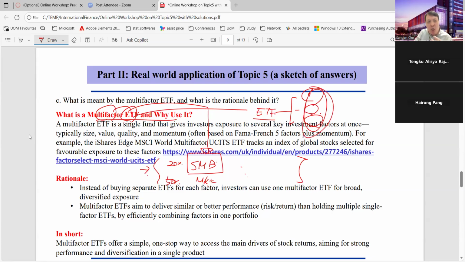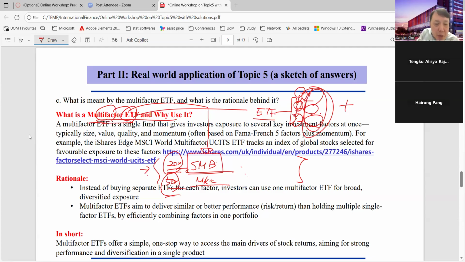It's more expensive if you do this by yourself. Also, they may set the portfolio weight on each factor based on their research. The 20% or 50%, how do we choose the portfolio weight? There should be some optimal way of doing this, right? The multi-factor ETF can reflect that based on their academic research.